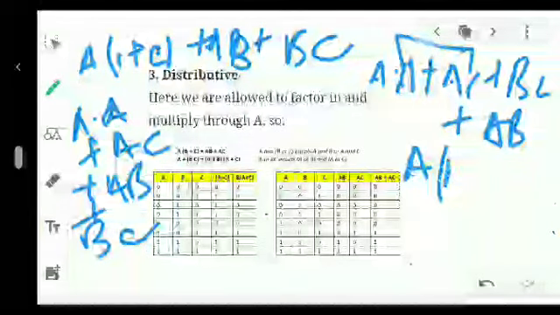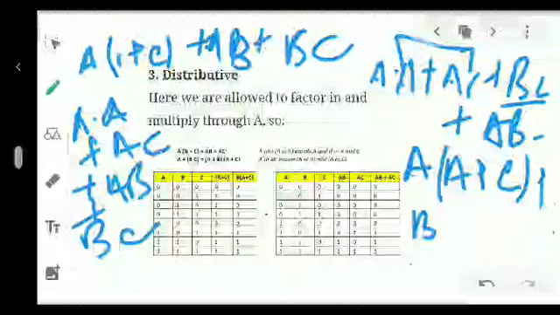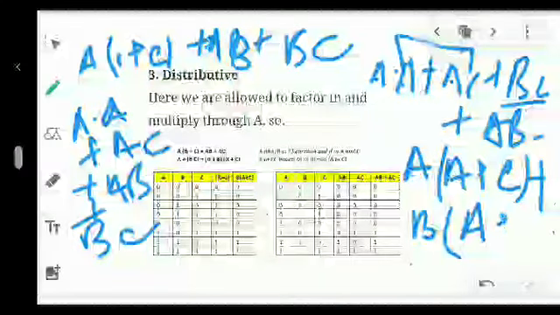If you take A common from the first two terms, what is left is A plus C. And from the last two terms, if you take B common, what is left is A plus C. Now I am taking A plus C as common, and it is (A plus B). In this way we can prove the rule.